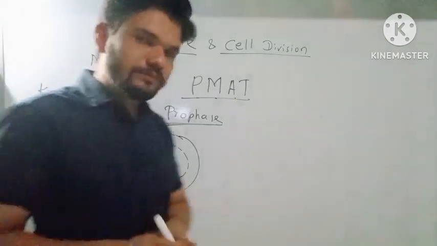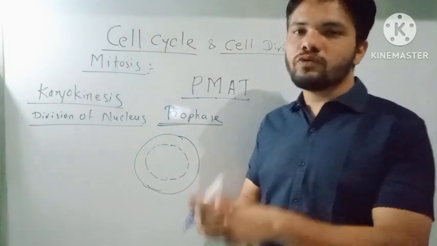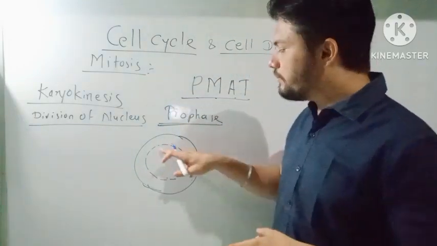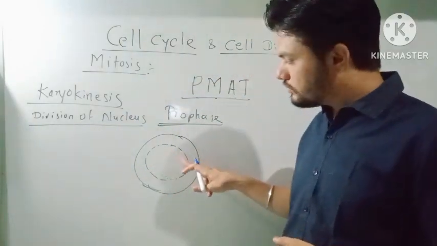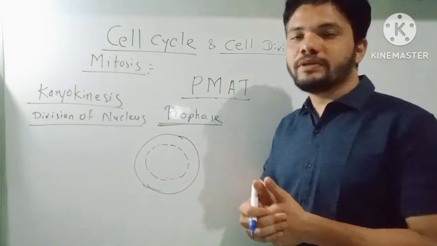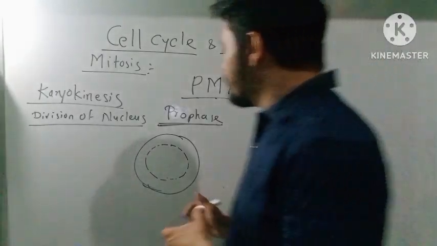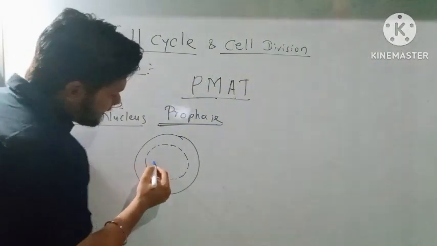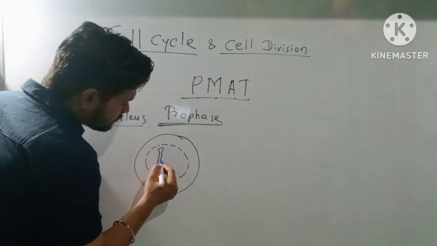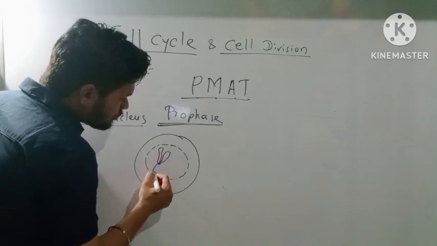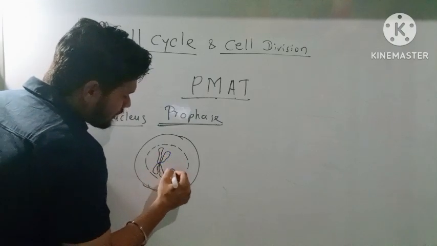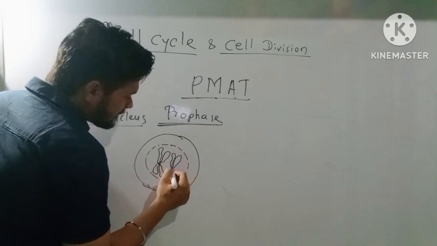This is the first thing that happens in the prophase. The nuclear membrane starts disappearing. The second thing you will see: the chromatin condenses to form chromosomes. So condensation of chromatin takes place.